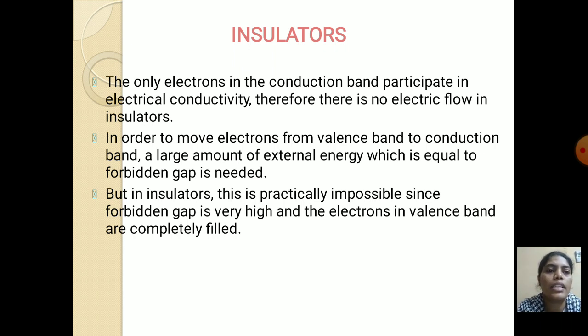In insulators, this is practically impossible since the forbidden gap is very high and the electrons in valence band are completely filled. These completely filled electrons in valence band need to jump from valence band to conduction band for electrical conductivity, which is impossible because the forbidden gap is very high.